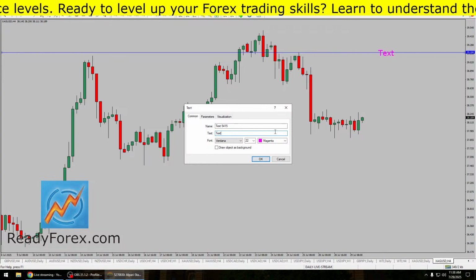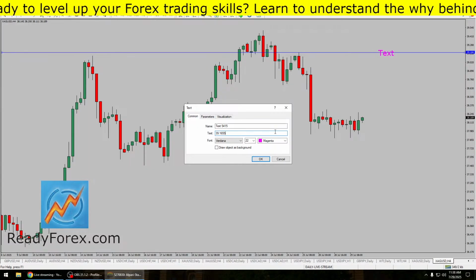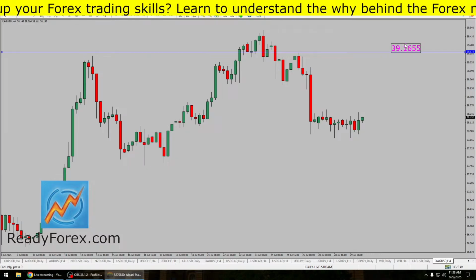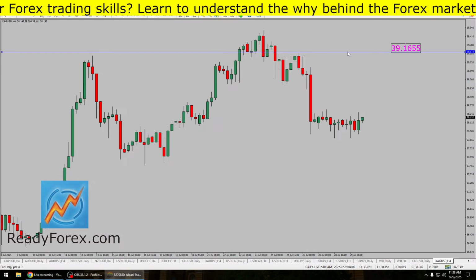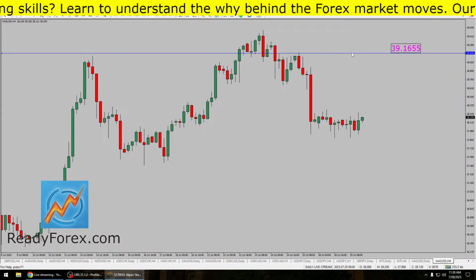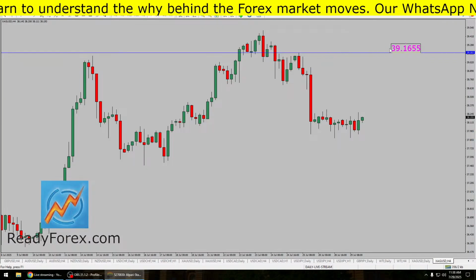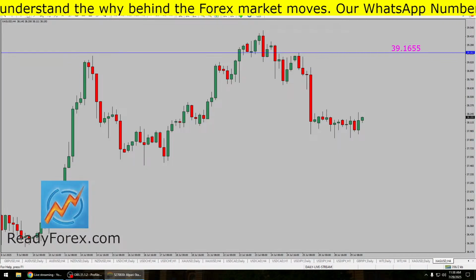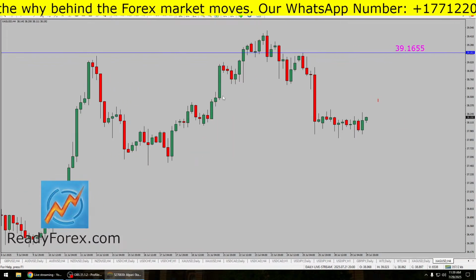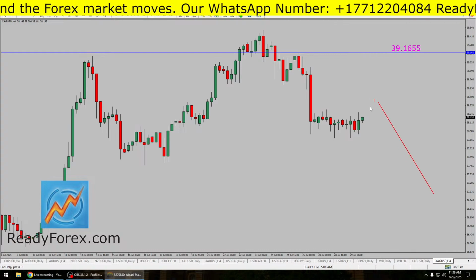Now if price action is going to drop, it's not going to drop like a straight line. So we do expect some kind of a pullback over here in spot silver. Okay, let me move this one over here, adjust the trend line a little bit. Okay, so wait for a little bit pullback over here, and then market is probably going to drop.